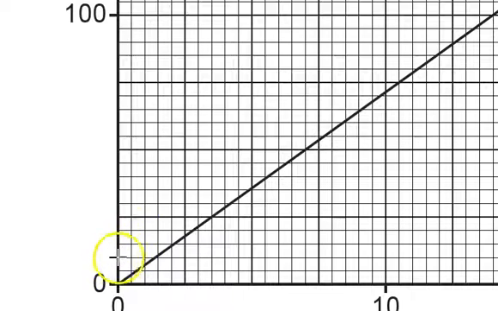So it's like 10, 20, 30, 40, 50, 60, 70, 80. Oops. Oh, here I did wrong at this part. 30, 40, 50, 60, 70, 80, 90.